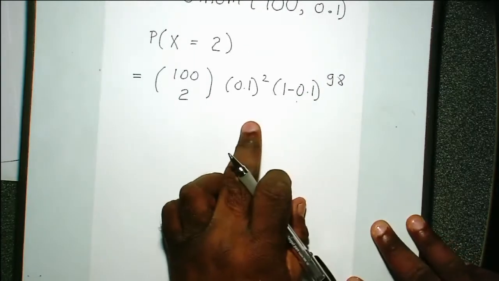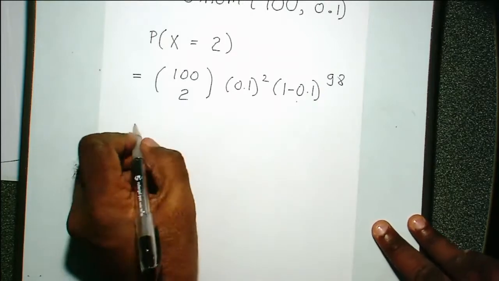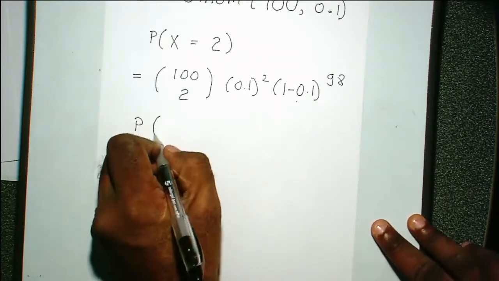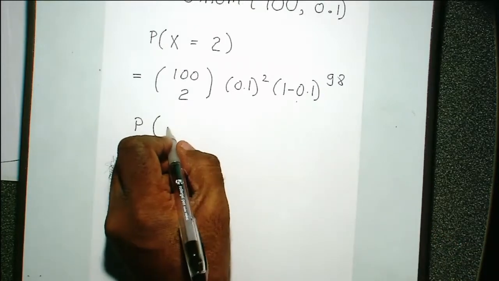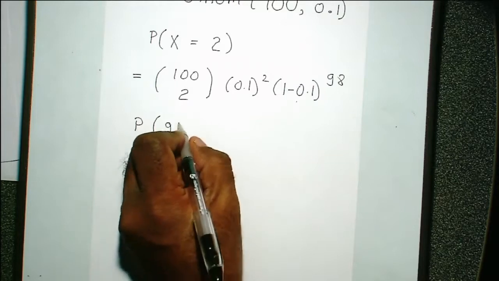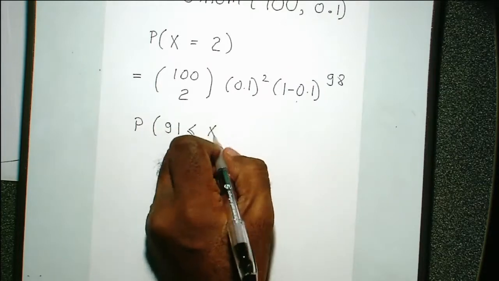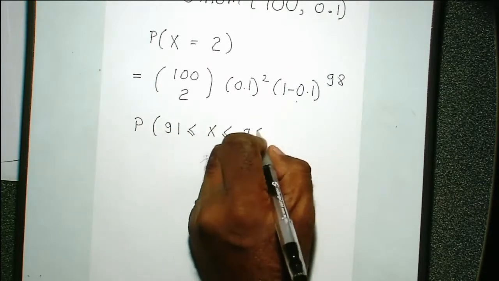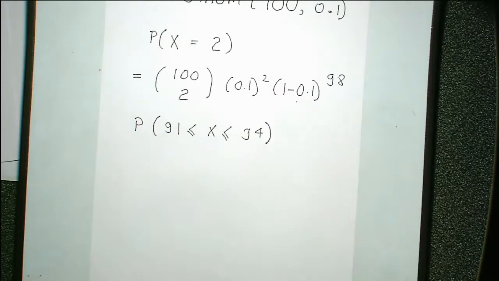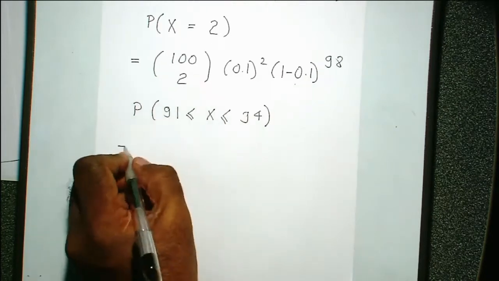You can compute the earlier ones easily, but suppose you want to find a probability like this.